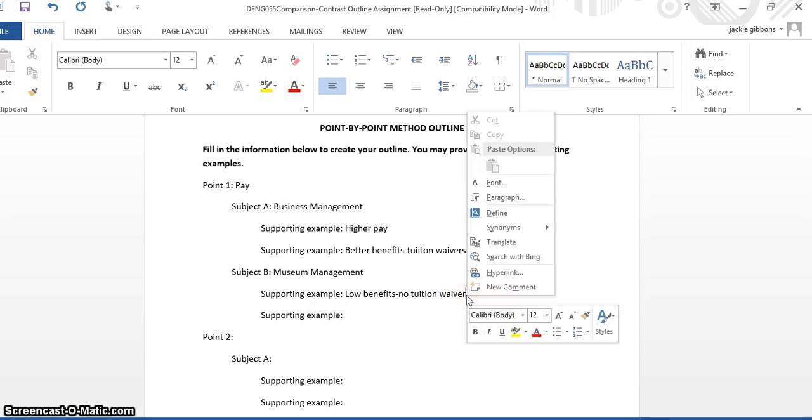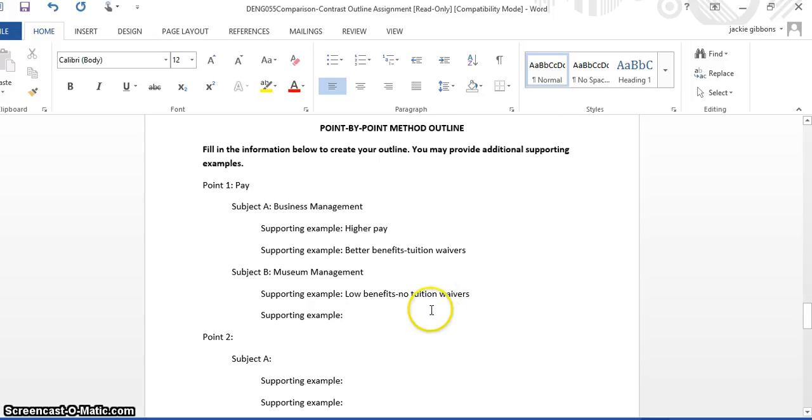Tuition waivers, in case you don't know, are when you are working at certain places, sometimes the business will pay for it.